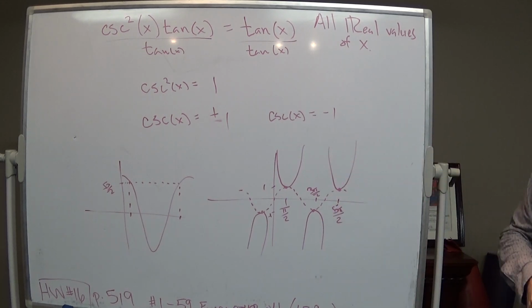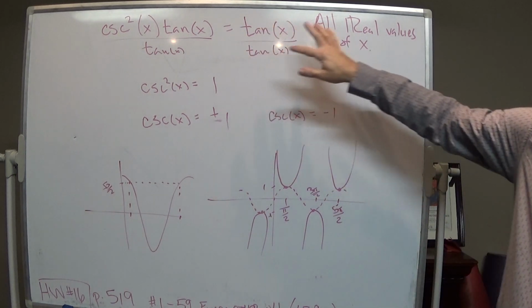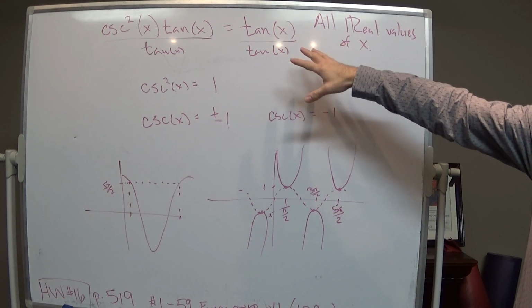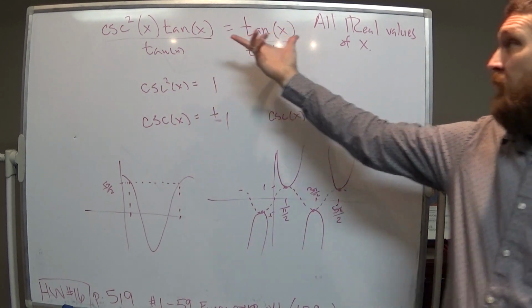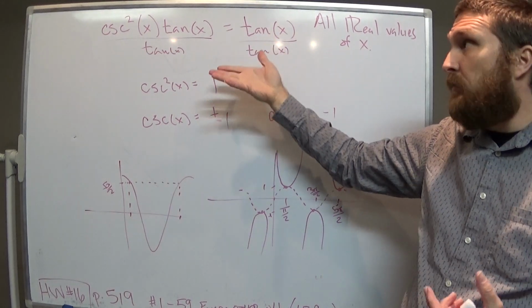But now, are we done? No, because we haven't taken care of tangent, have we? Like, when we do this, we assume that tangent's non-zero, but we can see that wherever it is 0, you'll get some number times 0 equals 0, which will be true.